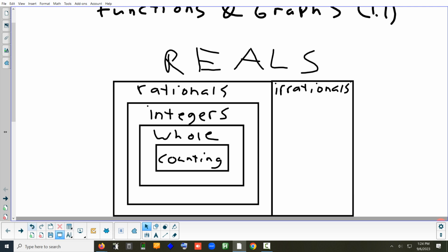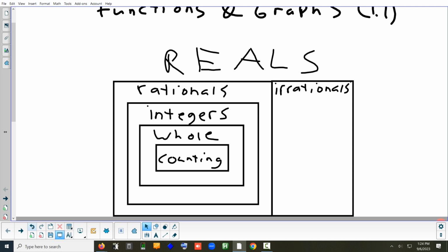So I'm not going to formally write down a lot of definitions for these, but I will explain each one to you. So we're going to start with the innermost box, which are the simplest kinds of numbers, and then work our way out. So the simplest numbers are counting numbers. And when you count, you start with what number? 1.